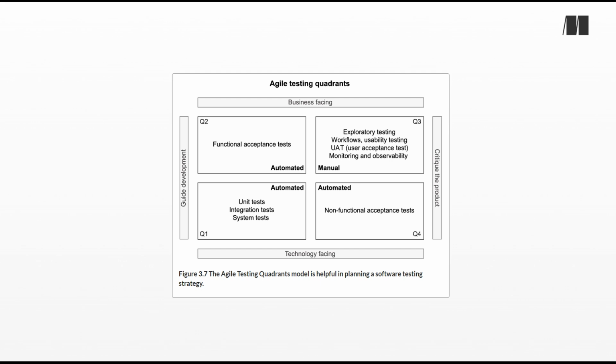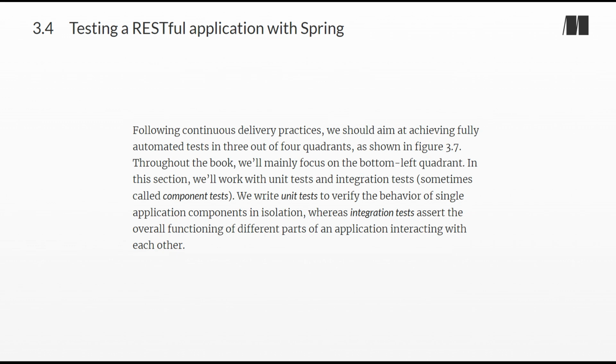Figure 3.7 shows some examples of testing types I'll mention throughout the book, based on the model presented in Agile Testing Condensed. Figure 3.7. The Agile Testing Quadrants model is helpful in planning a software testing strategy. Following continuous delivery practices, we should aim at achieving fully automated tests in 3 out of 4 quadrants, as shown in Figure 3.7.